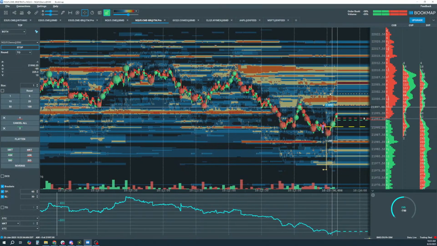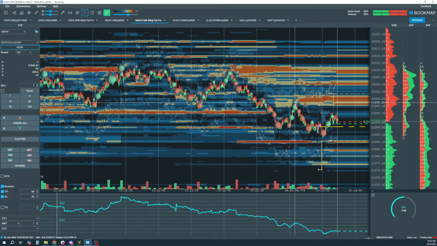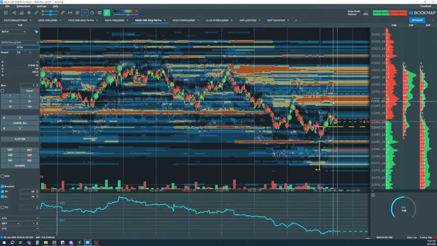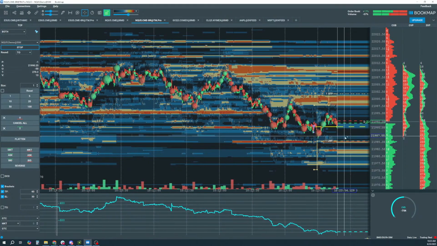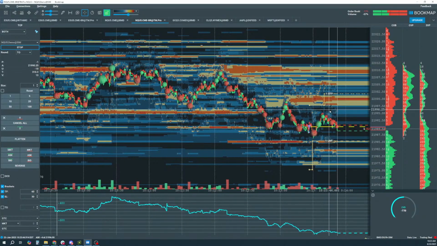And I'm going to hide this. I know it's a pretty horrible risk reward, but behind the liquidity up here, I'm looking for the follow through to the downside here.